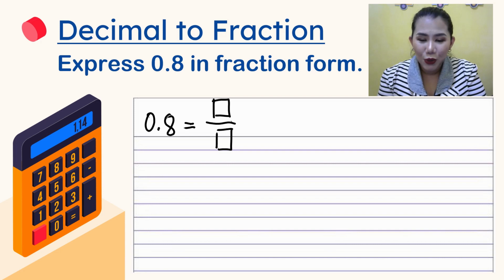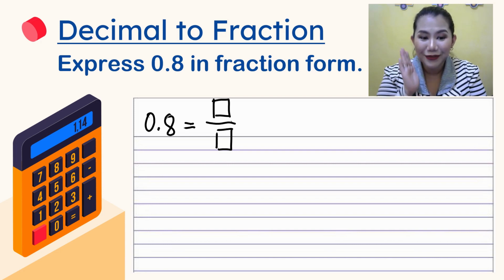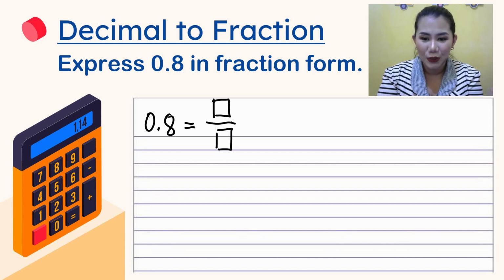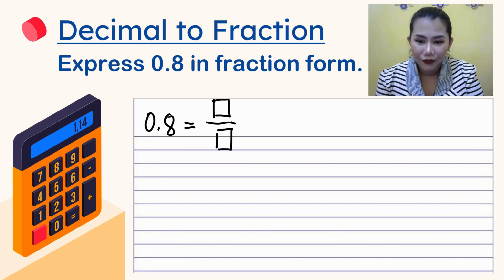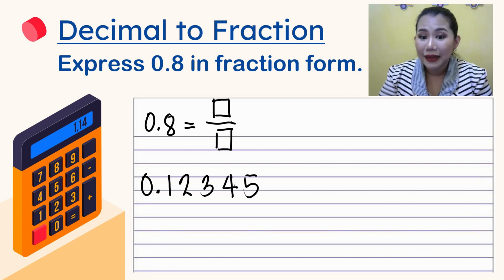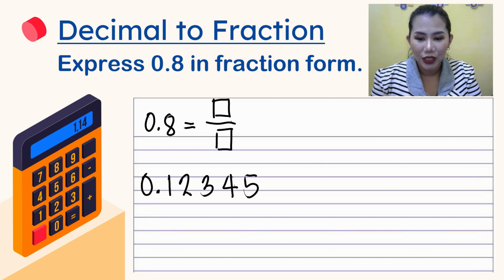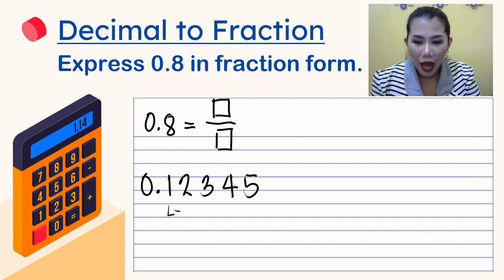Okay, so ganito yon. Dapat alam nyo yung place value ng bawat digit right after the decimal point. So, if I have, let's say, 0.12345, alam dapat ninyo na yung 1 dito, ang place value niya ay tenths. Okay?